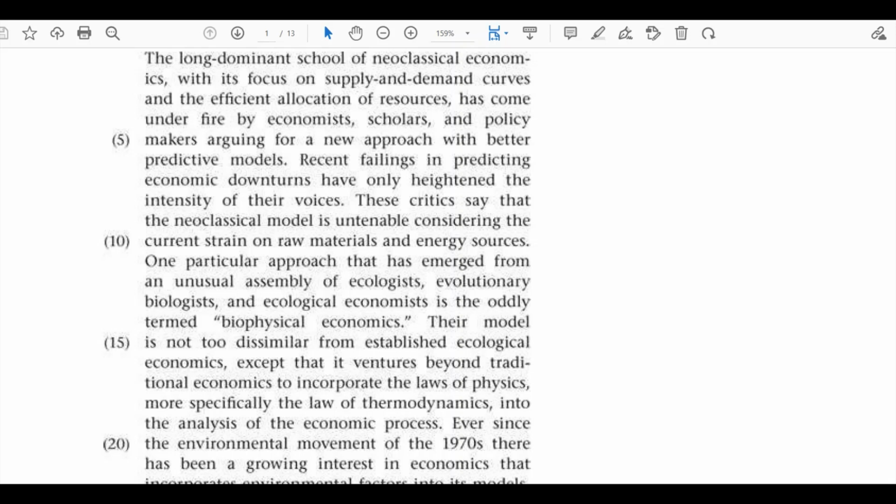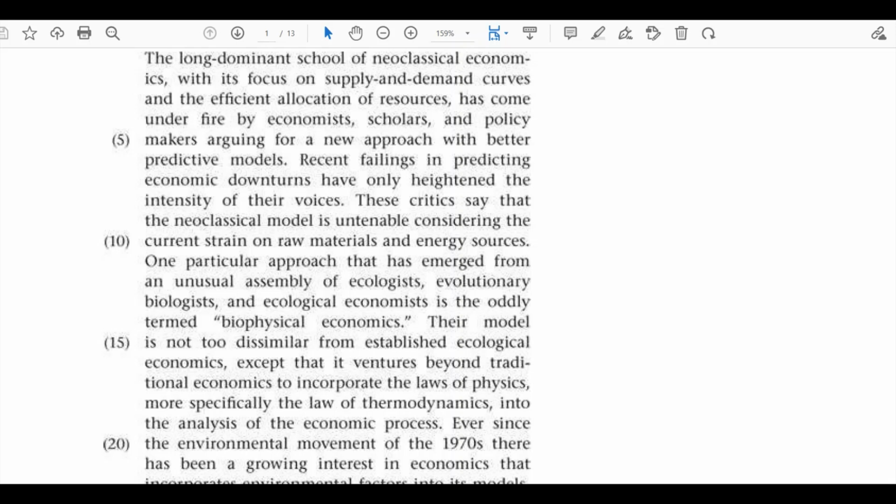The long dominant school of new classical economics, with its focus on supply and demand curves and the efficient allocation of resources, has come under fire by economists, scholars, and policymakers arguing for a new approach with better predictive models.